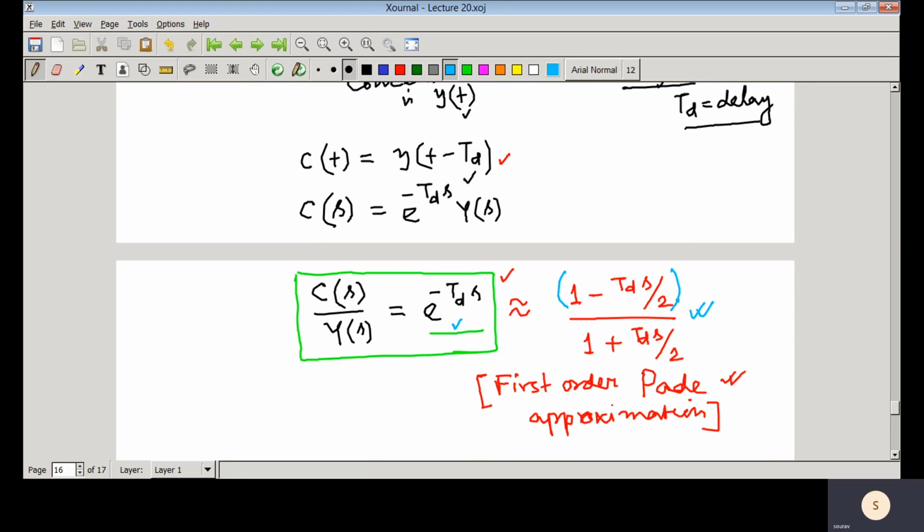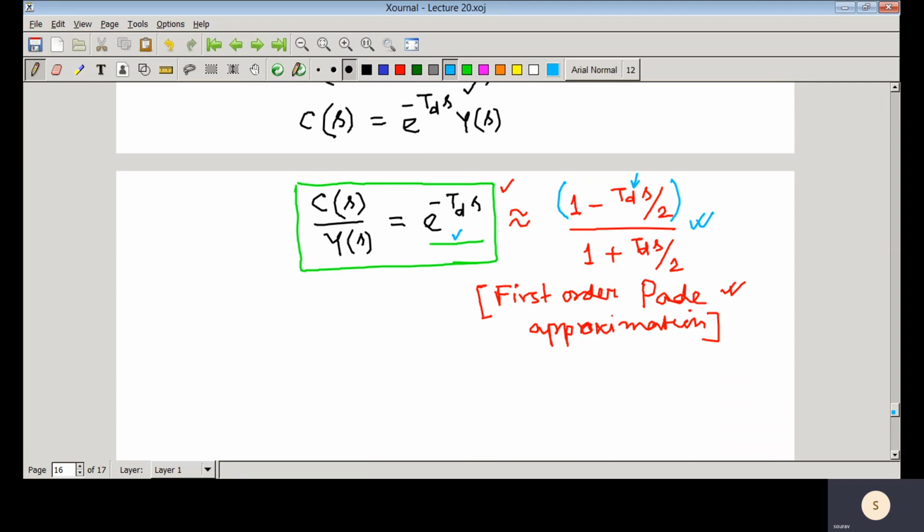That zero is at 2 by Td, you can see it from here, 1 minus Td s by 2, so s would be equal to 2 by Td. There is a zero on the right half of the s plane. So if you approximate one transportation lag via first order Pade approximation, that transfer function is a non-minimum phase system that we have discussed.